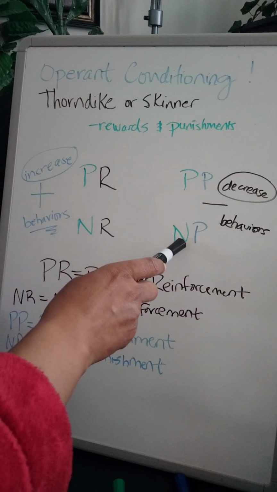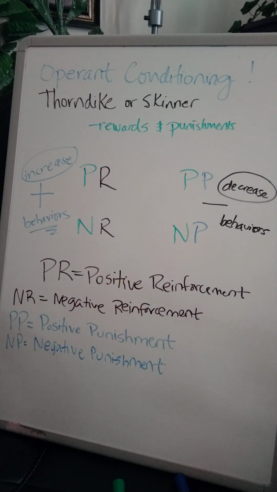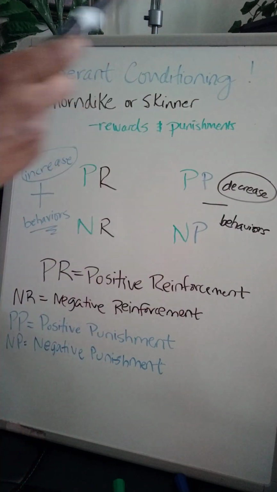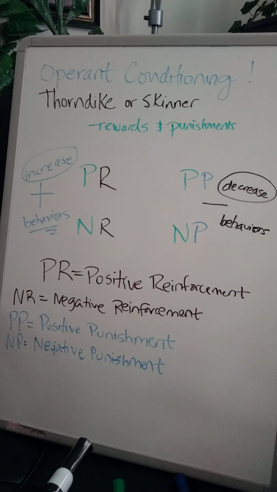Let's look at negative punishment. Remember, we are decreasing behaviors. So now little Mikey bites someone who is just being nice to him in public. I did not know little Mikey would do that because he's been so nice, but he just had a bad day and he bit someone in public.